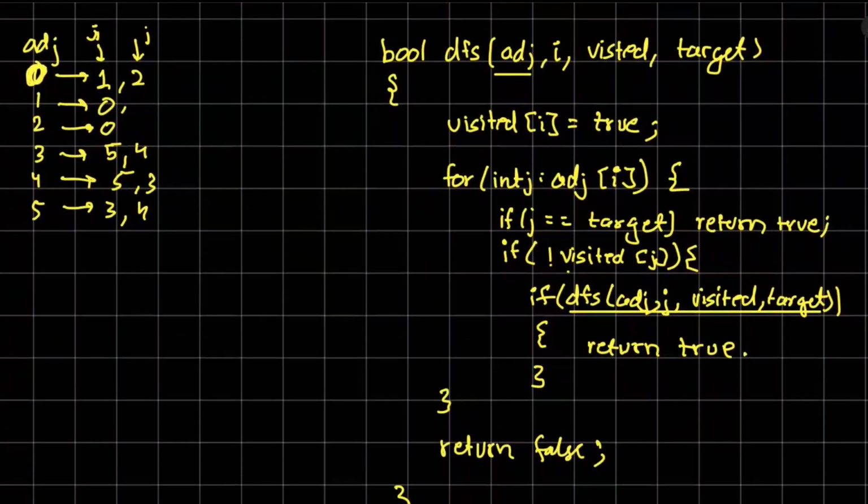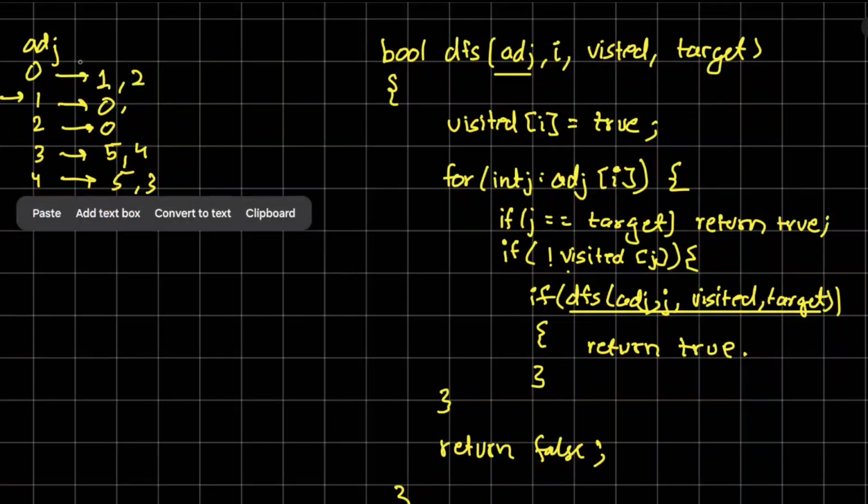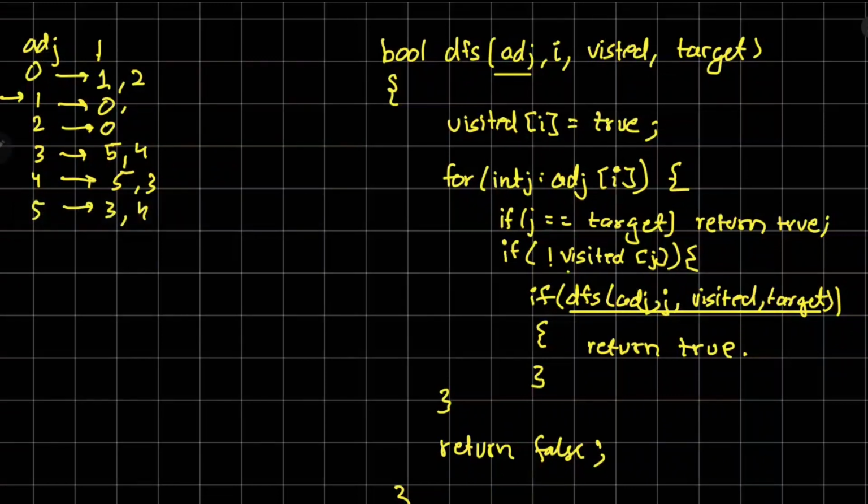Okay, so the mistake is that the DFS function will not be called on 0, as our source vertex is 1, so the DFS function will be called on 1. As the DFS function is called on 1 in this example, we will move to 1's neighbors, and from 1 this is visited, so the DFS function won't be called here.